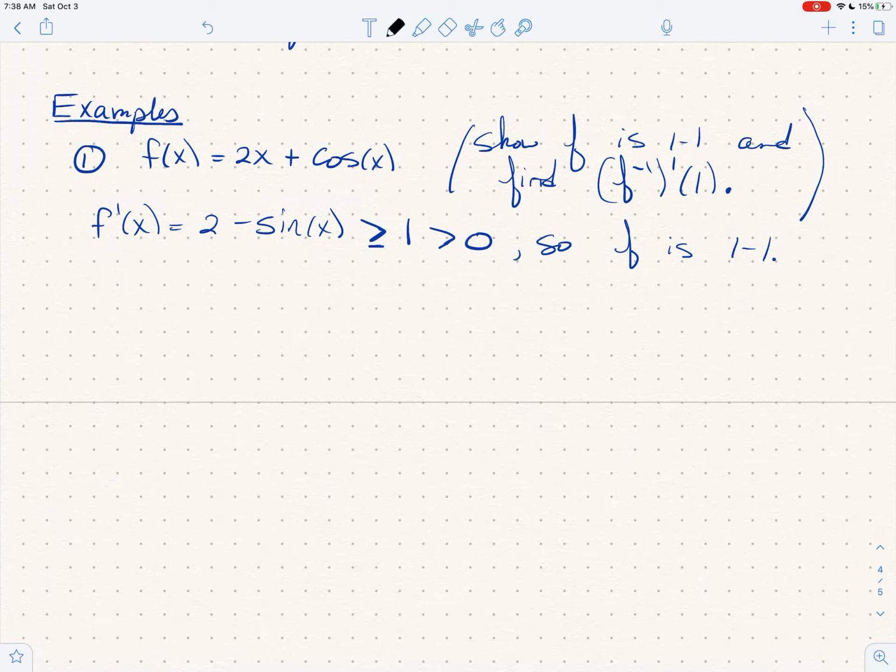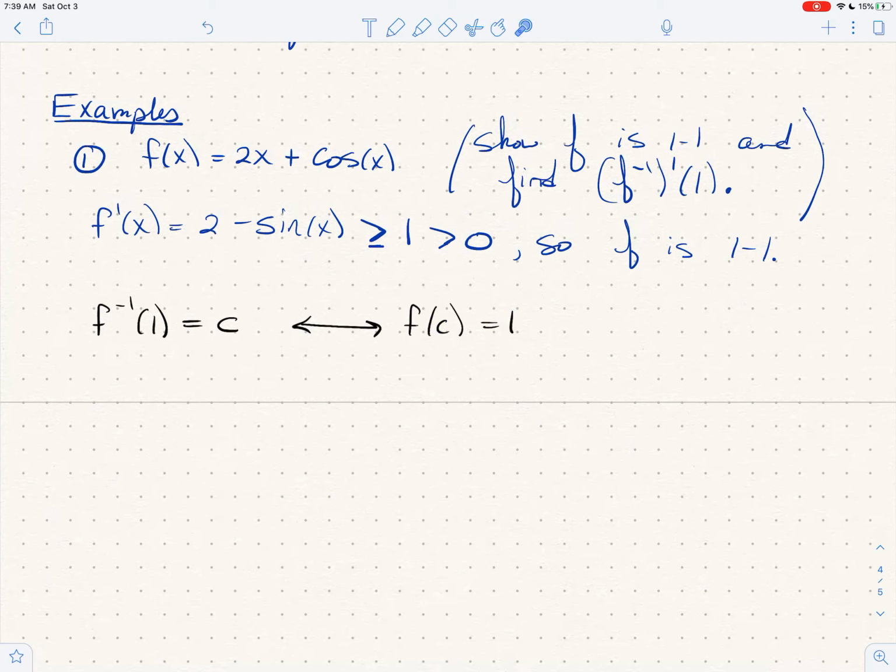There it is. I need to know f inverse of 1. So f inverse of 1, I can compute that without a formula for the inverse function. I don't know what f inverse of 1 is. I'm going to call it c. And I know that f inverse maps 1 to c if and only if f maps c back to 1.